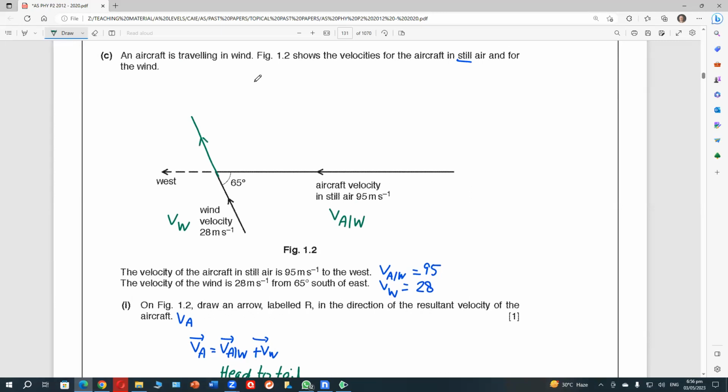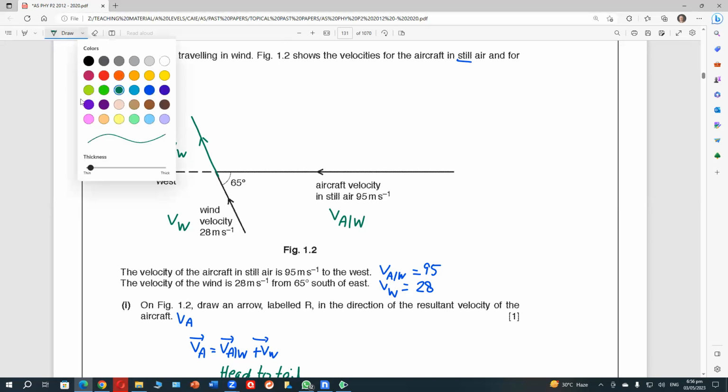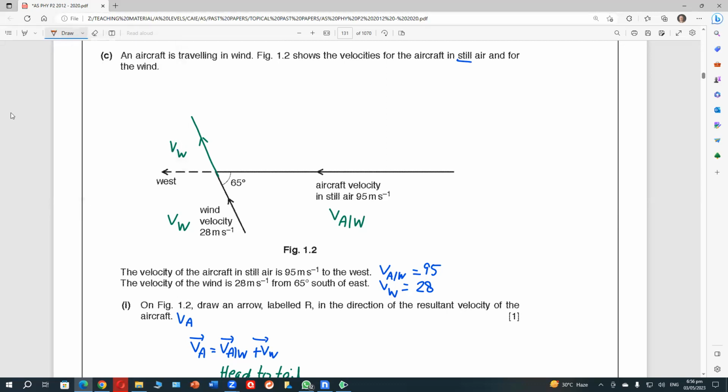And now I have got it here. Now it is head to tail. This is VA. Now it is connected head to tail.